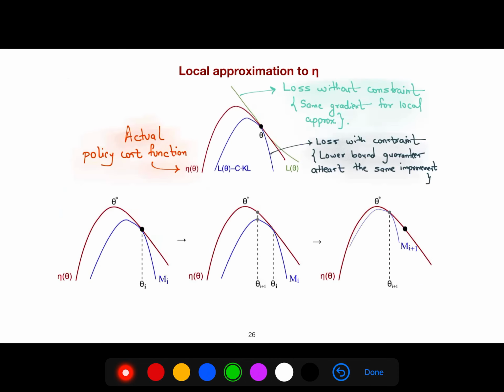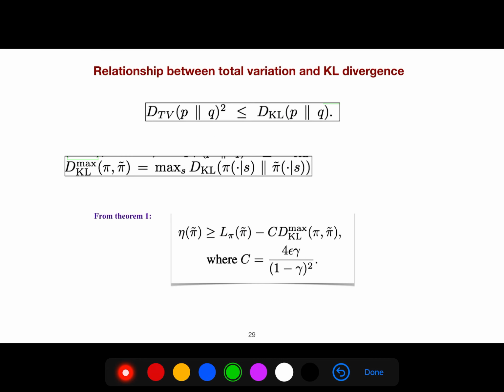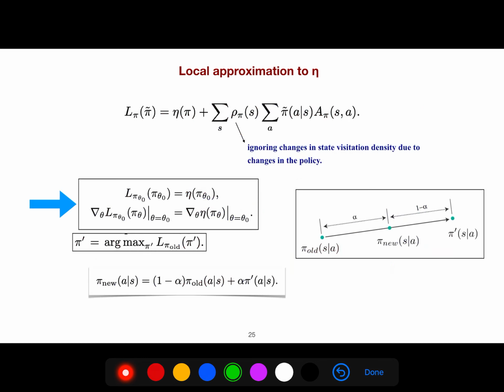And there is a local approximation to eta. It's like maximization. Here I will explain it. We just try to approximate it, and it's just a minorization maximization algorithm. So, for example, when you have a non-convex function, you try to... I've written lots of articles about successive approximation, for example, to see how we can approximate iteratively.